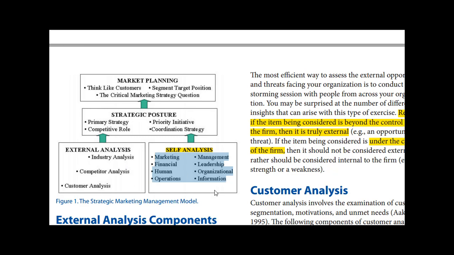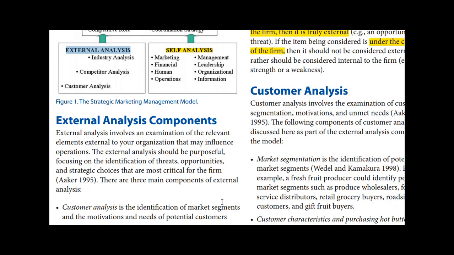So let's talk first about what external analysis is. External analysis covers the things which are outside the four walls of the organization.